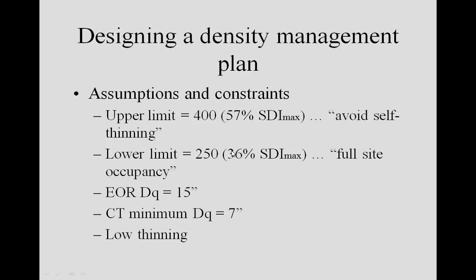Upper limit: we're going to assume we want to avoid self-thinning, so we're going to use an upper limit of 400. We're going to use a lower limit of 250, given this objective of full site occupancy. So it's about 36% of max SDI. An end of rotation DQ of 15 inches is our DFC, and we need a minimum DQ of 7 inches in order to have a commercially viable thinning.